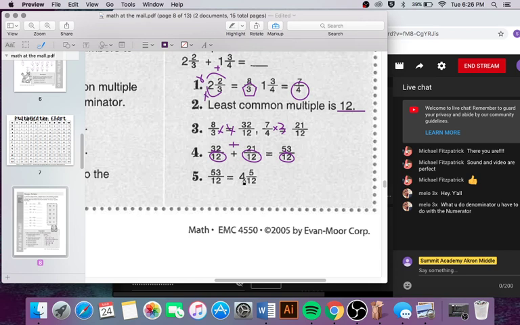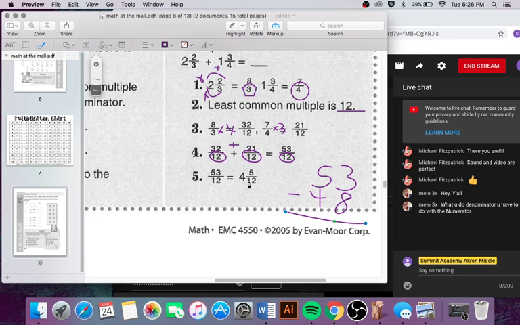So 12 times 4 is 48, which is as close to 53 you can get without going over. So we would then subtract 53 minus 48 to get 5.